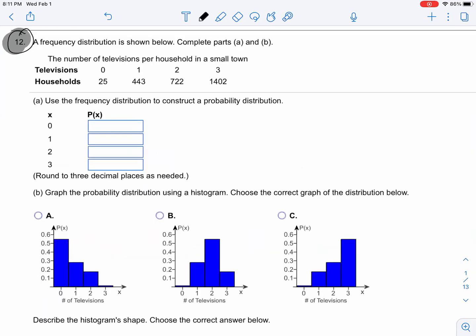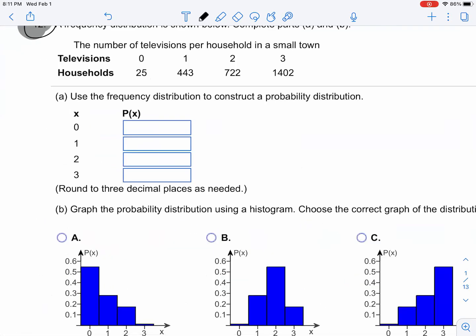So if you were to do this by hand, just so we are all on the same page, you will take, for example, P of X equal to 0, which is going to be equal to this 25 divided by the sum of all your frequencies. So literally I'll go in the calculator and I will sum 25 plus 443 plus 722 plus 1402.